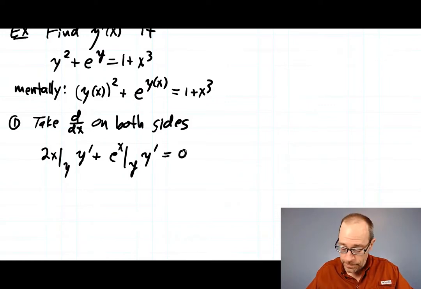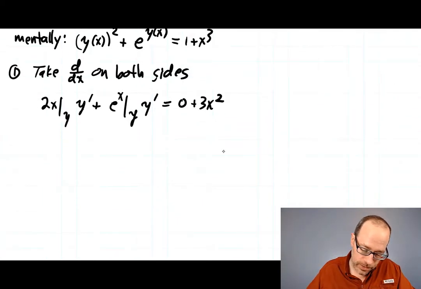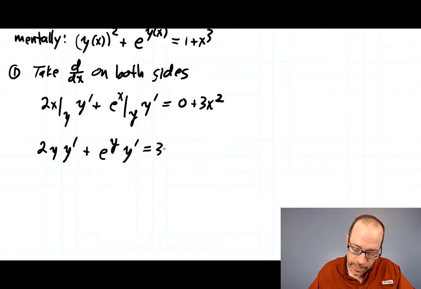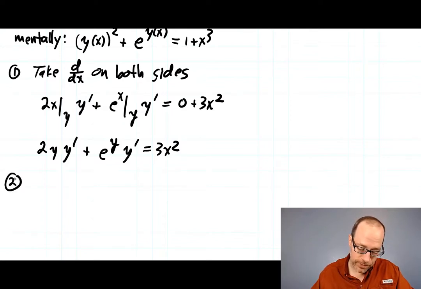And then take the derivative of the right side, we get 0 plus 3x squared. Okay, so let's plug in all this stuff. We get 2y y prime plus e to the y y prime is equal to 3x squared. All right, step 2 after taking the derivative is to solve for y prime.